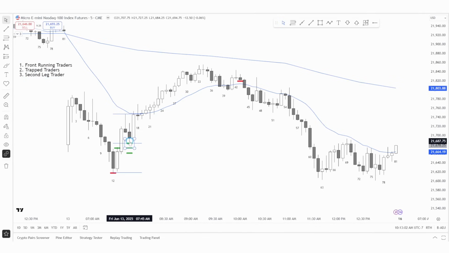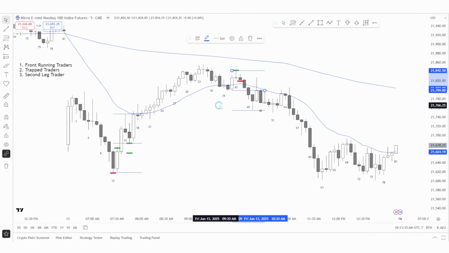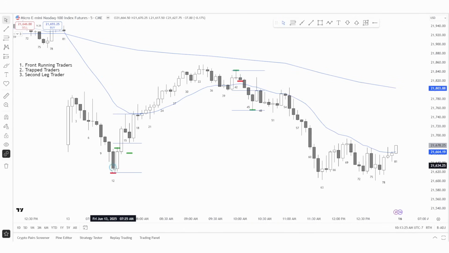Trap traders, it's the bulls. Bulls are now trapped above 41 and 42. So we're going to put a line down here. They're going to buy around the support level here, and we can see they bought on 46 because there's a tail. Bulls now have bought here. The bulls' new average price is this middle line here, the 50% pullback for the bears.